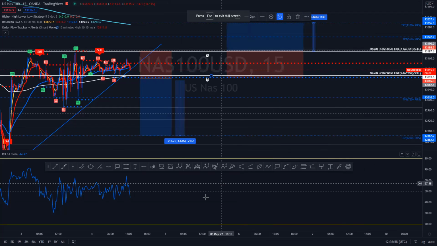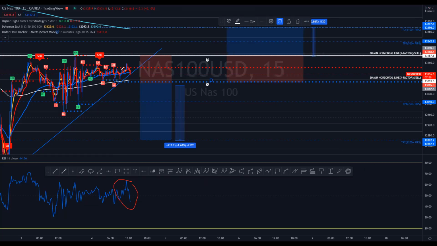So when I look at the RSI, it looks like price is probably going to sell, possibly, but we'll know for sure which way. If it does, they have a lot of imbalance they need to cover here, so they're probably going to drop. But we'll know for sure at the 9:30 bell.